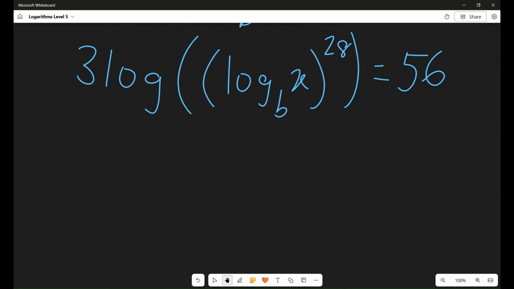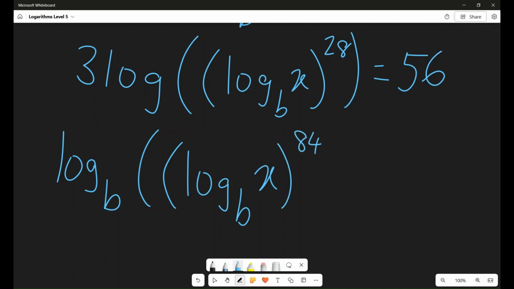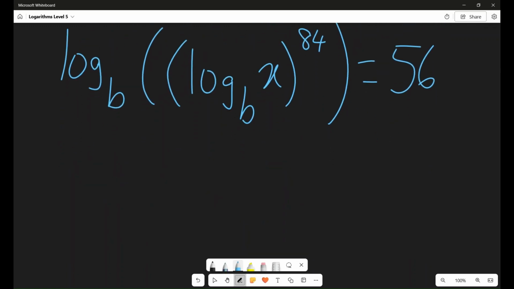Now we have that pesky 3 on the left hand side, so we can move that into the exponent. We get log base b of log base b of x to the power of 84 is equal to 56. And once again, we have a logarithm in the wrong spot, right? We don't want a logarithm inside the parentheses.